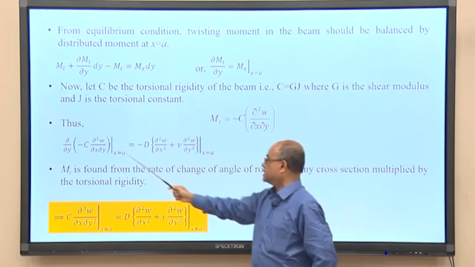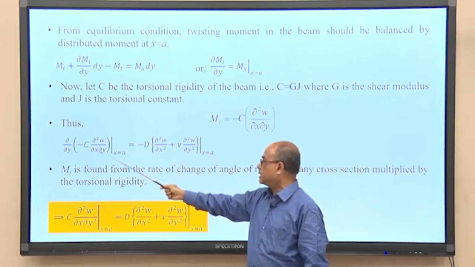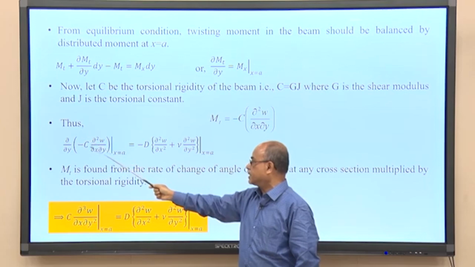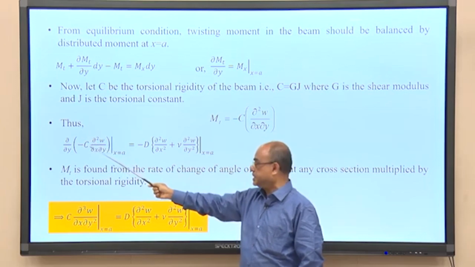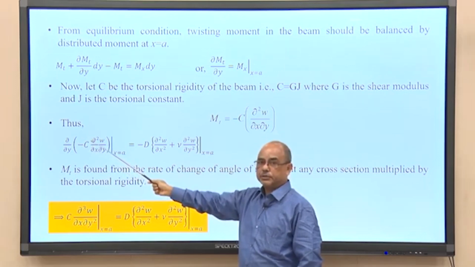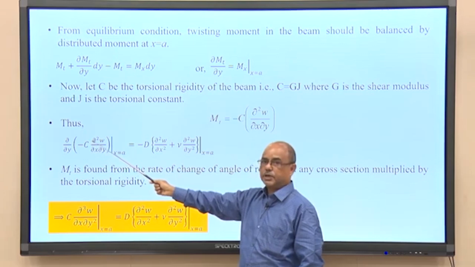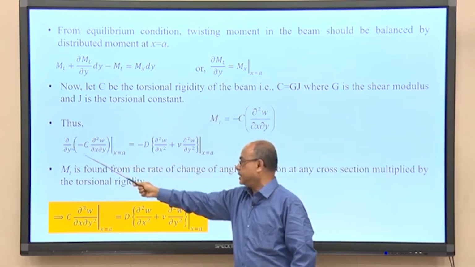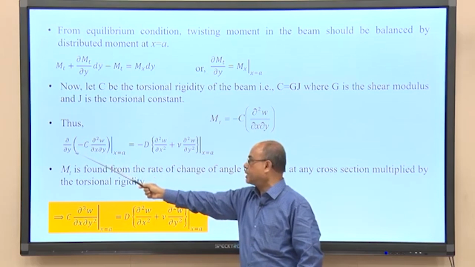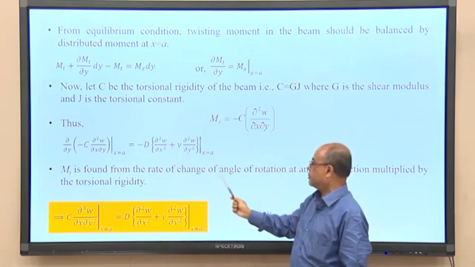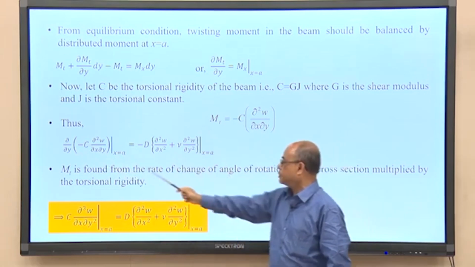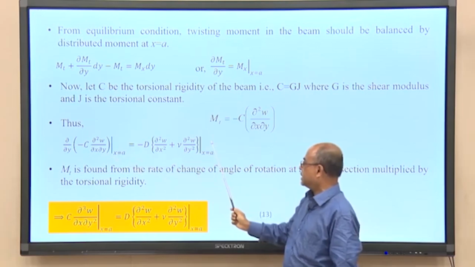The rate of twist is nothing but del square w del x del y, and it is multiplied by the torsional rigidity C, which is equal to GJ, where G is the shear modulus of elasticity. Its derivative is taken with respect to y, and it is equated to the bending moment at x equal to a. Both quantities are evaluated at x equal to a.